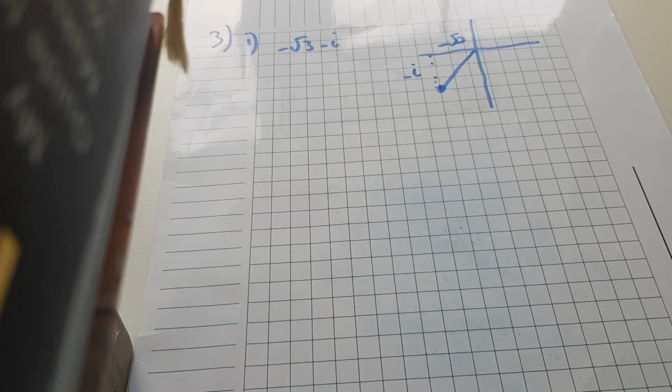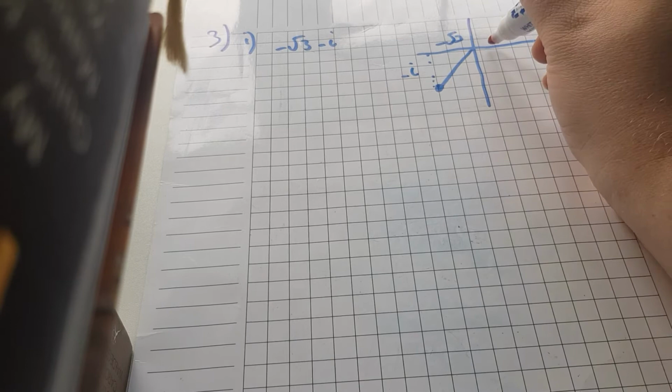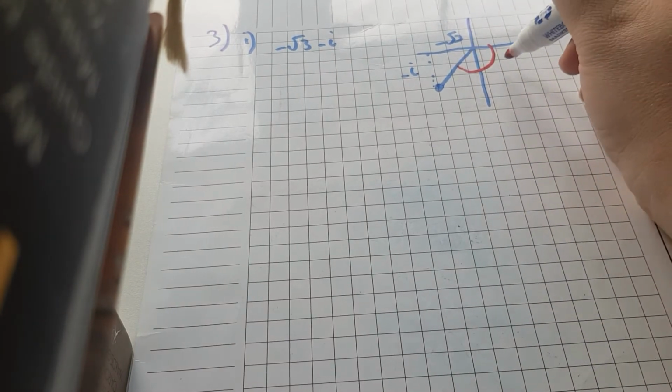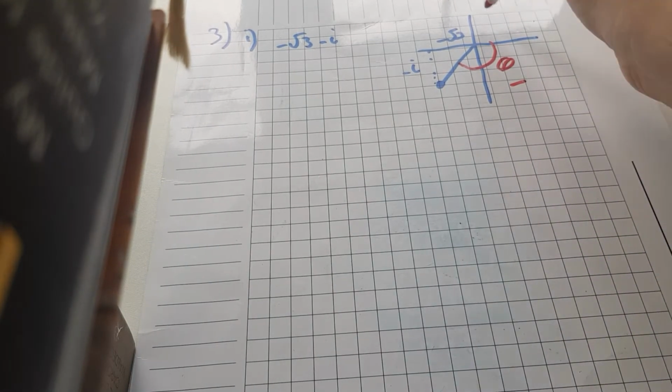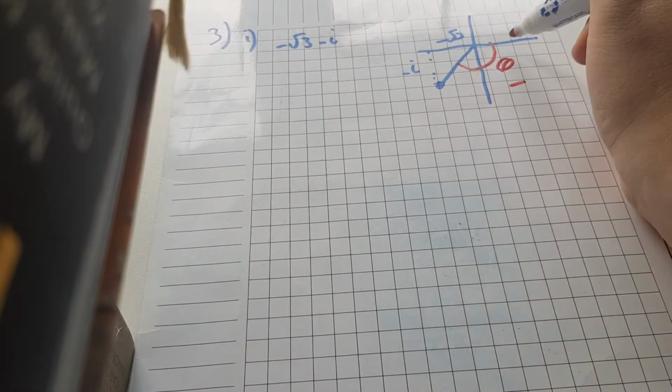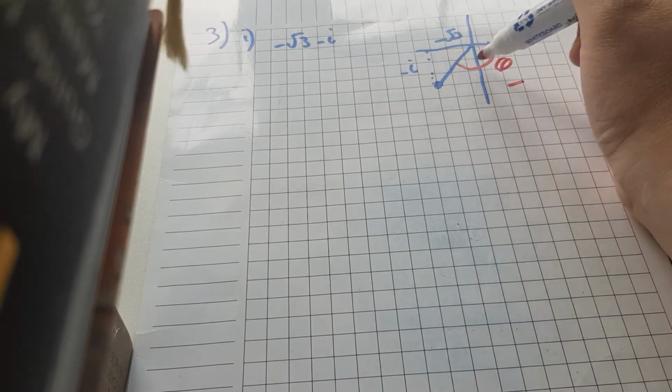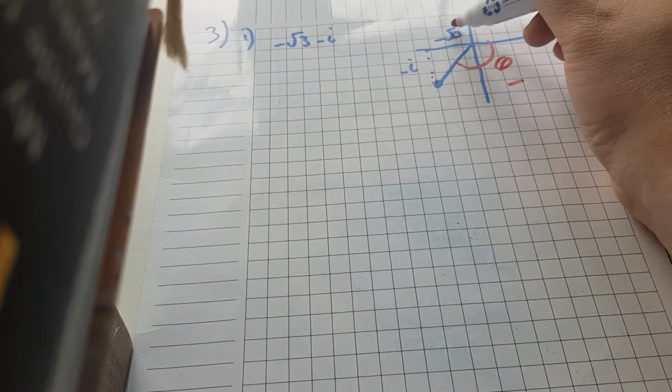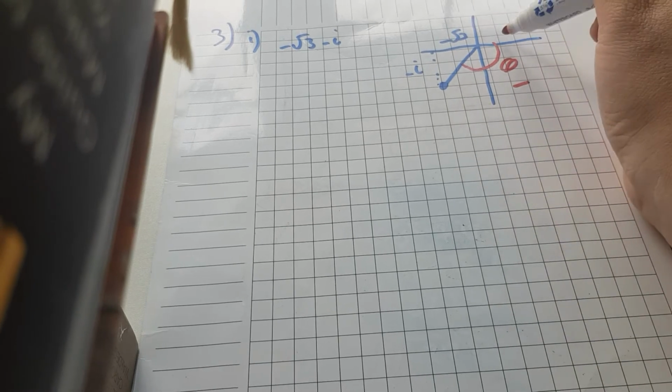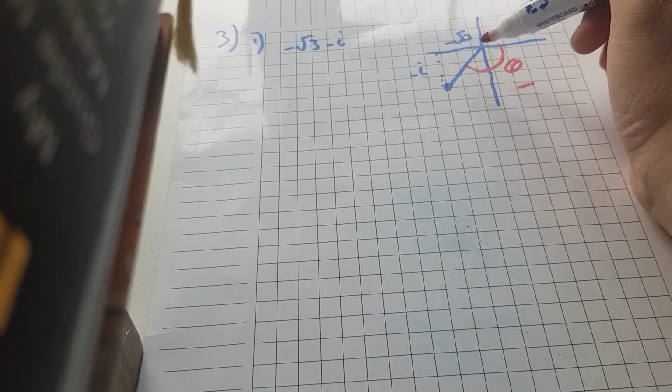If it's down there, this is going to be our argument, and it's going to be negative because we've gone clockwise. So it's a little bit different to the unit circle, where we always went the whole way around. Here, we wanted it to be between 0 and pi, or between minus pi and 0. So it's between minus pi and pi, really.